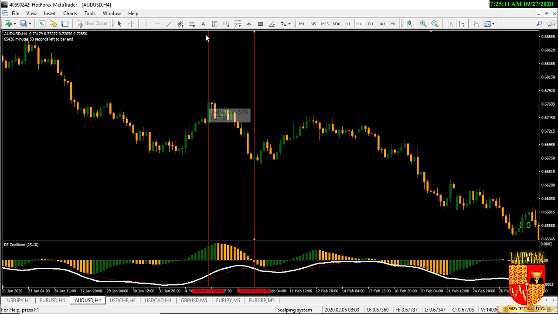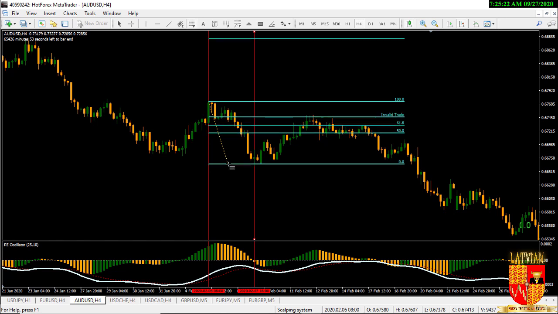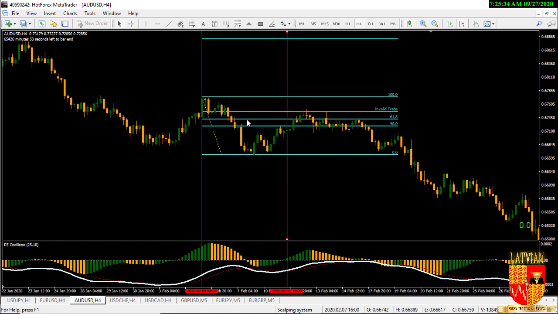Okay, the highest point within this retracement. And then you draw it to the last low, and the last low basically we say that you get it when your MACD histograms go above the zero line. Okay, when they go above the zero line, then that's when you draw your Fibonacci retracement.